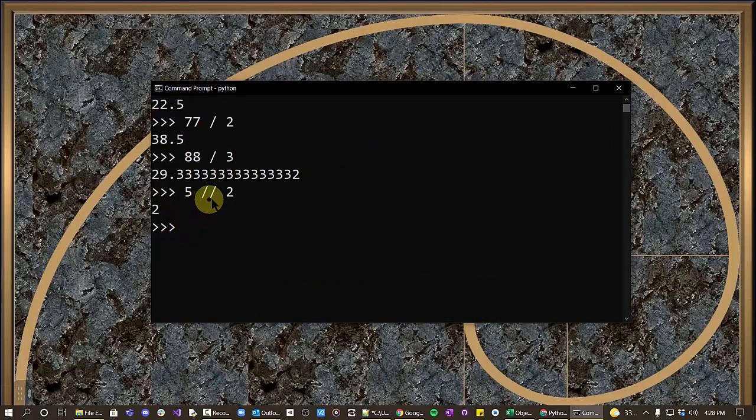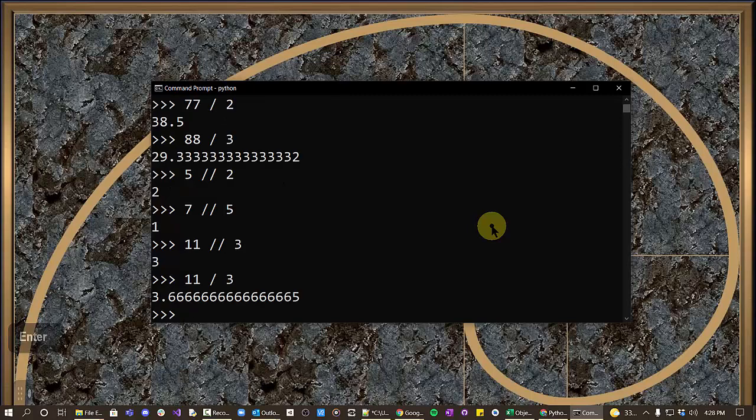Basically, when you do integer division, it will drop any decimal value. So 7 integer division 5, for example, will be 1, because 5 goes into 7 one time with 2 remainder, and it just drops whatever's left over. 11 integer divided by 3 would be 3, whereas 11 regular division by 3 is 3.666 repeating. So sometimes we don't want the remainder, we just want the integer division. So we have that option.